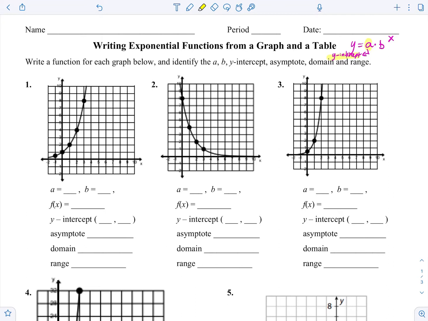Now, when we talk about our b, we said common ratio, growth or decay factor. So we're going to say common ratio because we recognize that from geometric sequences.